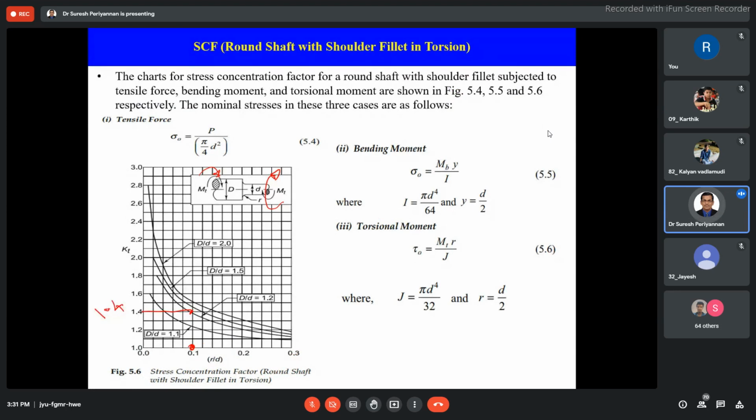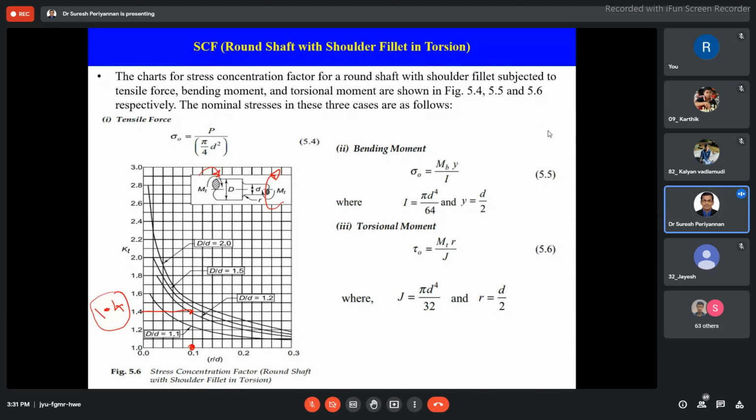When the component is a round filleted rod subjected to torsion moment, and the dimension ratio D by d is 1.2, during that time I can consider the stress concentration factor Kt to be 1.4.